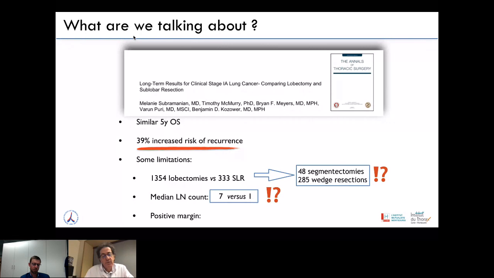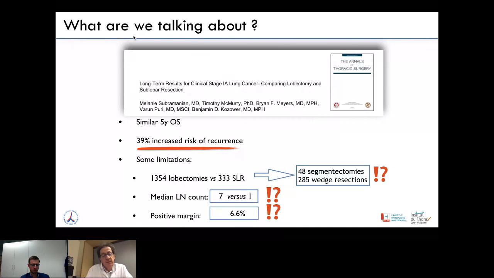And the margins were positive in almost 7% of the operations. So needless to say, this kind of study is not very acceptable, and you can understand that there are many recurrences.